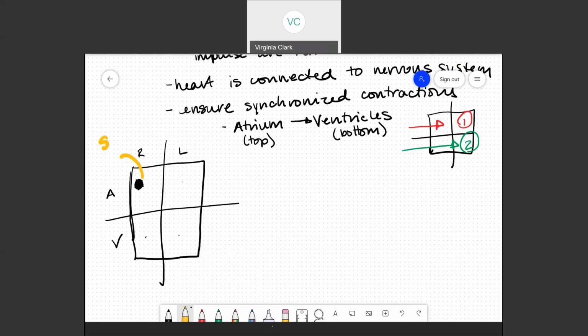Sorry, I'm not used to these touch screens. This pocket of cells is your SA node, which stands for sinoatrial node. Remember, it is in your atrium, so this is your SA, sinoatrial node, and it lives in your right atrium.